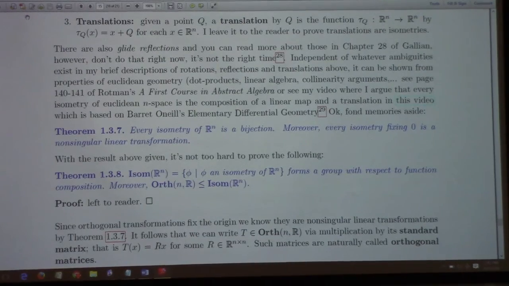I don't quite know that, do I? I know that they're bijections at least. I know that the orthogonal group is non-singular linear transformations. So be careful. But with this data up here, this is an easy theorem to prove.